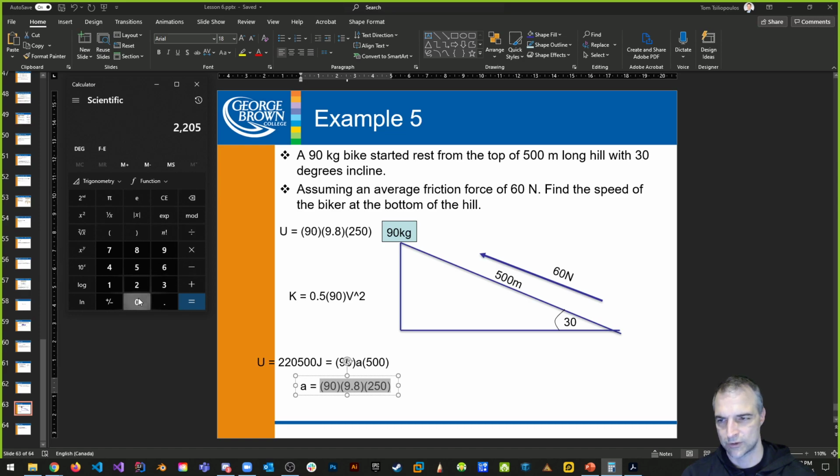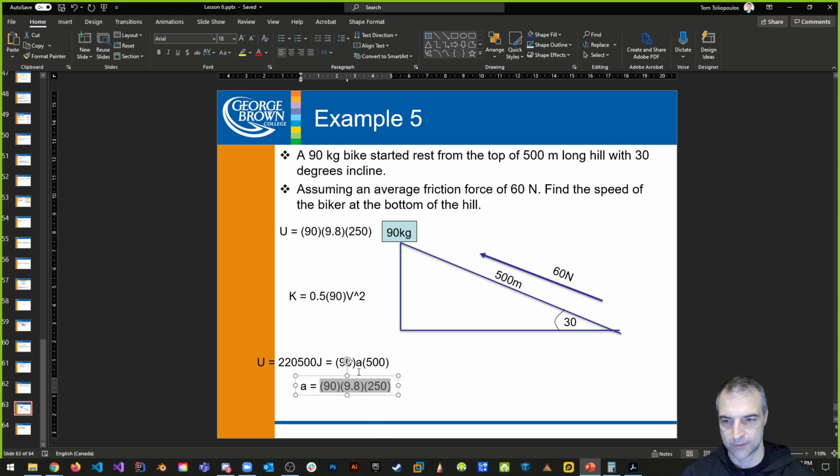Actually, let's do, which is what, 45,000? 90 times 500. 4.9. That's interesting. What a relationship that is. So that works out, because 4.9 is 1/2 g, 9.8. So acceleration across this curve with what we have is 4.9.